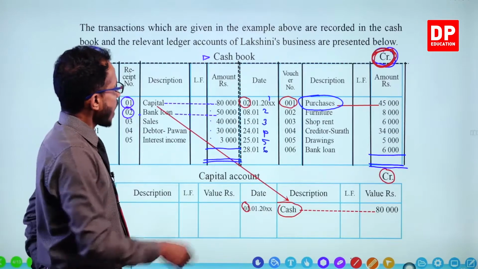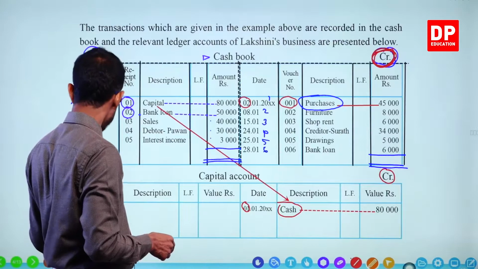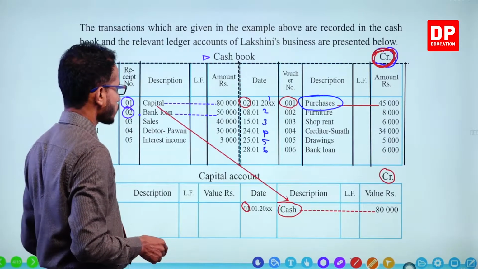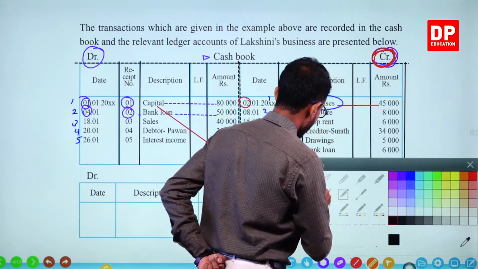Take the total and write the debit side total in the debit side sum box. What do I call a sum box?